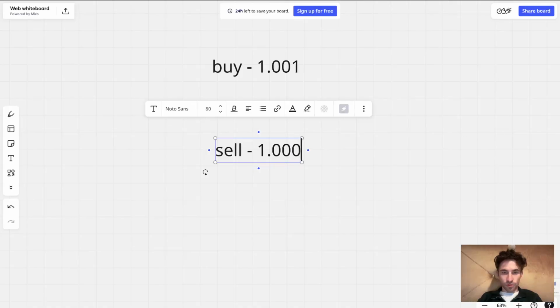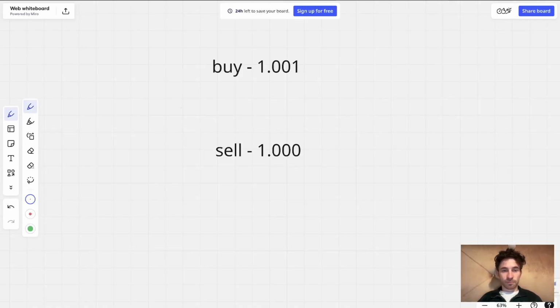The difference between these, this 0.001, is the spread. So if you open a buy trade, you'd enter at 1.001, and if you close the trade immediately, you'd have to sell at a flat 1. So you would lose money, and that is essentially what a spread is.